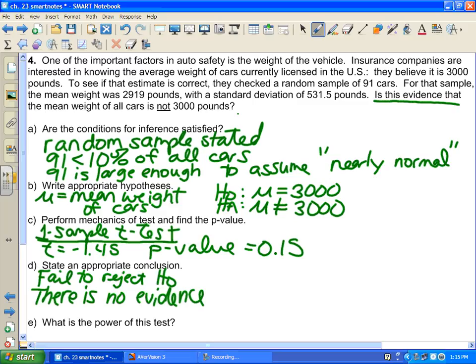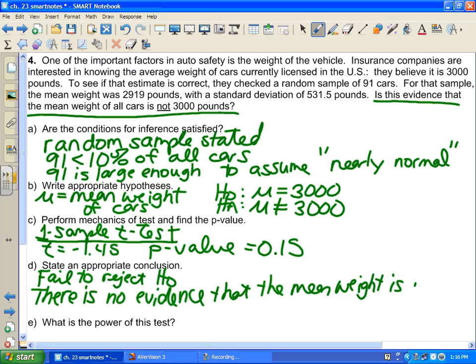Last question tells us what you can interpret. There's no evidence that the mean weight is not 3,000. We don't care if it's changed, it's just not 3,000.